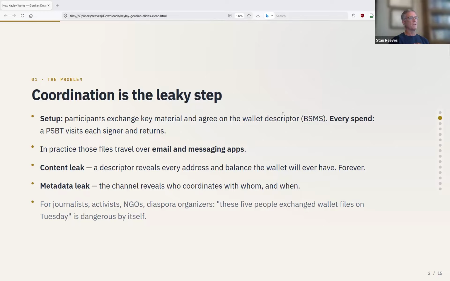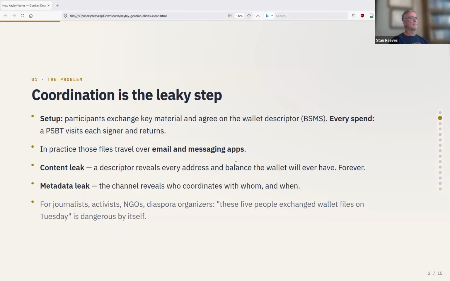The descriptor is particularly important because once you have that, you have a pretty significant privacy leak, because you can then determine every address that will issue from that wallet and the balance of the wallet, as long as you continue to use that setup. Also, you have metadata leaks that would reveal possibly who you're coordinating with, when you're coordinating, and so forth.